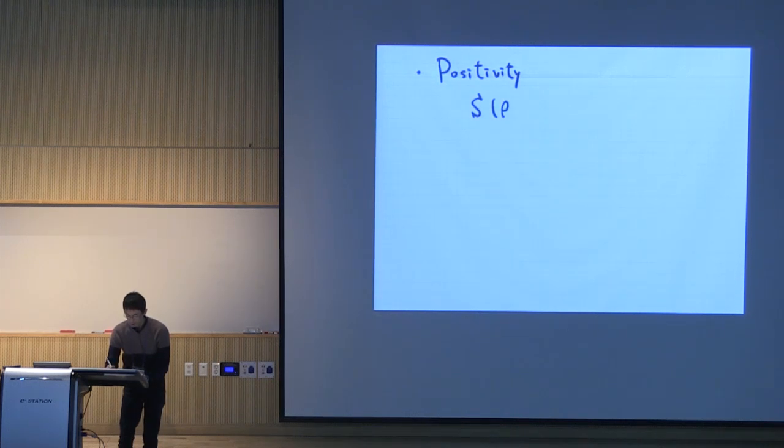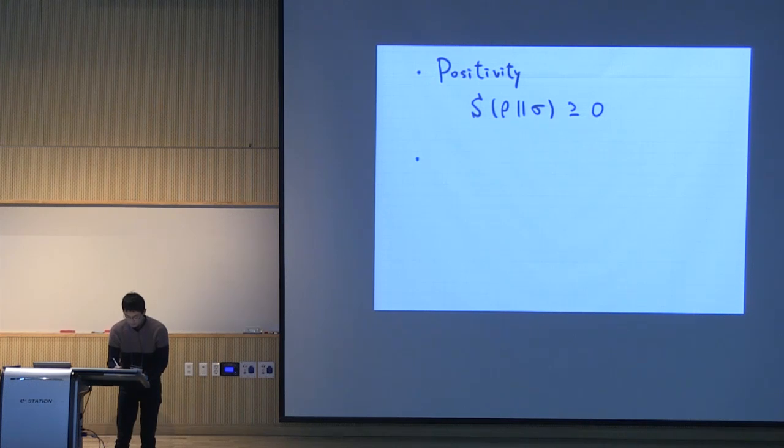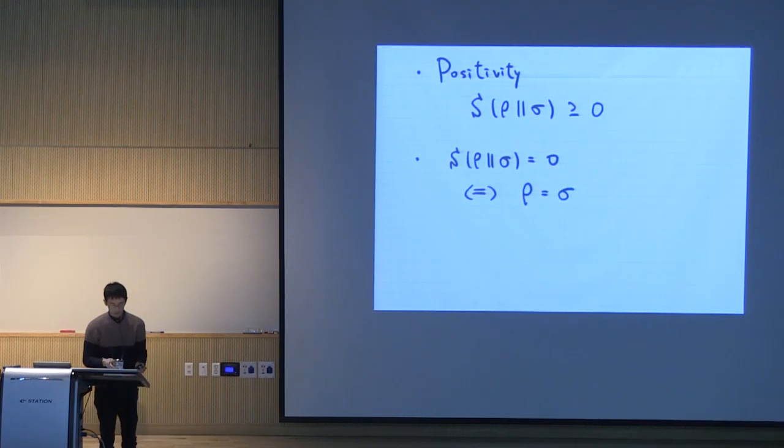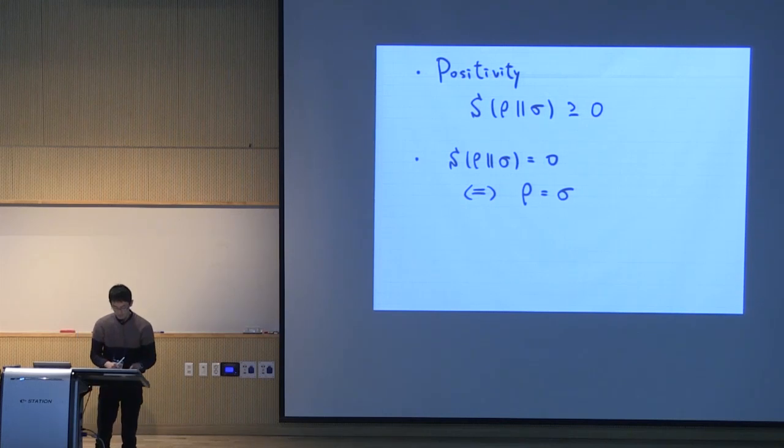For any two states rho and sigma, the relative entropy is non-negative. And if the relative entropy vanishes, then rho and sigma are equal, and the converse is also true. So in this sense, this is roughly a measure of distance on the quantum states.